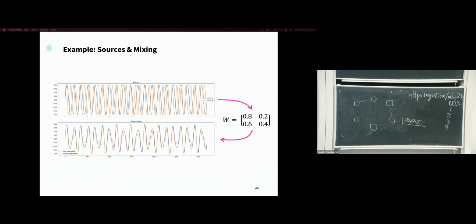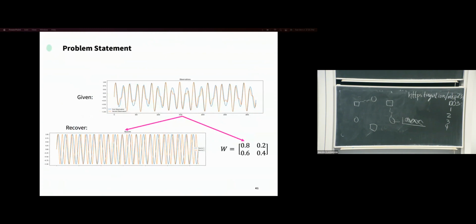So you can see here, I have a mixed signal. And then when I hit it with that weight matrix, it becomes nicely delineated. And then same vice versa. If you want to make it mixed, then you will do this. So in homework 2, there was a submit the mixing matrix.